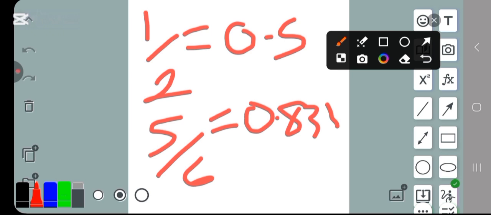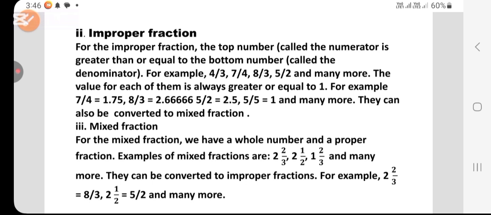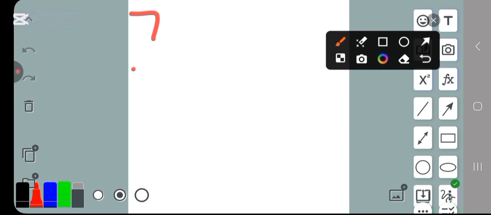Let's move on to improper fraction. For the improper fraction, the top number called the numerator is greater than or equal to the bottom number called the denominator. For example, 7 over 4 is an improper fraction because the top number, which is 7, the numerator, is greater than the denominator 4.